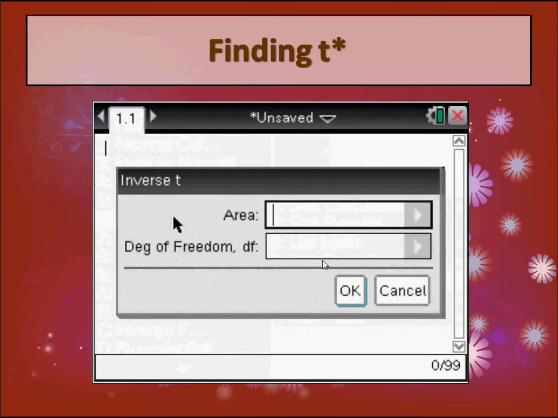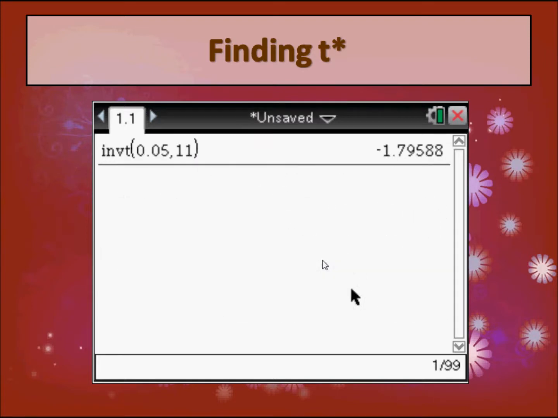I'm then going to put in the area, which is what I calculated, and that was 0.05. I'm going to use the degrees of freedom for this particular one. It's going to be 11. And then when my calculator calculates it, I get negative 1.796. Now what I'm going to use is the positive value when I plug it into my confidence interval formula.